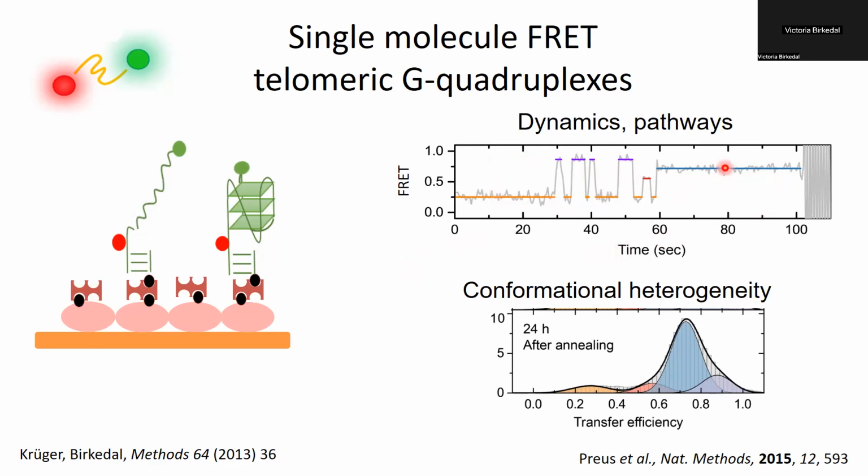And we can plot either the time traces, where we can see the dynamics and reaction pathways, or plot them as histograms, where we see the conformational heterogeneity. And this one, which is the state that's the longest, is also the one that's most populated, right? That's nice. It's thermodynamics. It's working. Good.